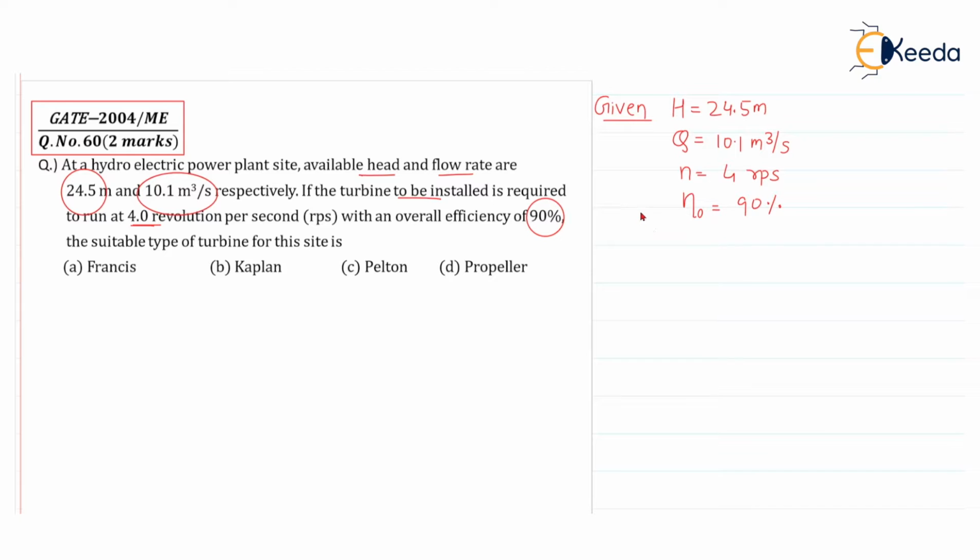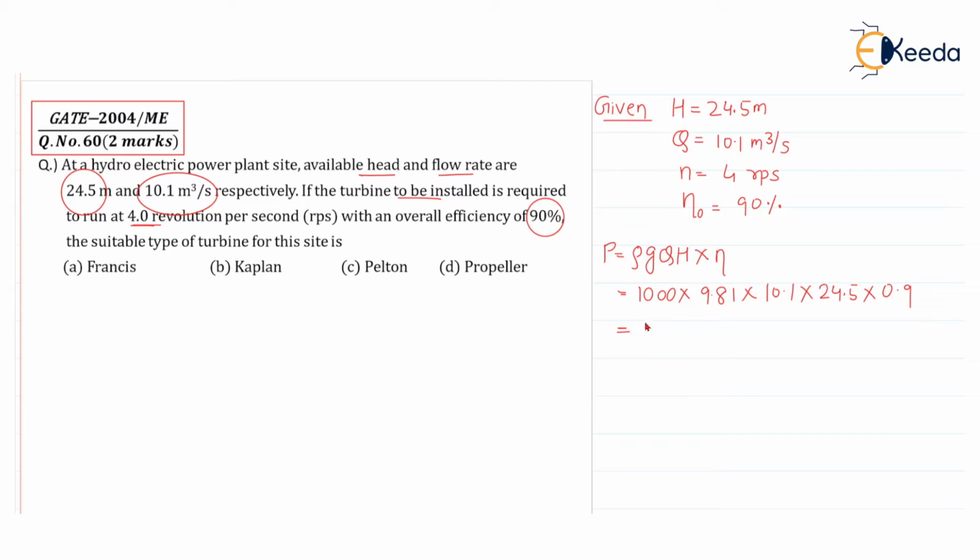So first of all, from this given data, we can find the value of power, including the efficiency. Power is equal to rho g Q into H multiplied by the efficiency term. This is hydroelectric power, so density will be 1000 into g is 9.81 into discharge, which is given, 10.1, into H value, 24.5 meter, multiplied by the overall efficiency 90%, which is 0.9.